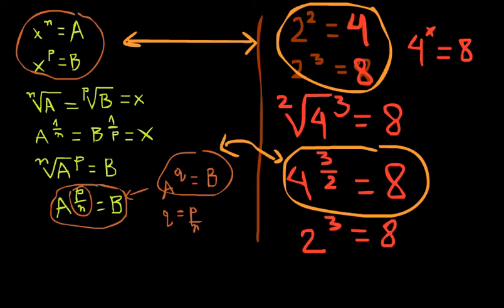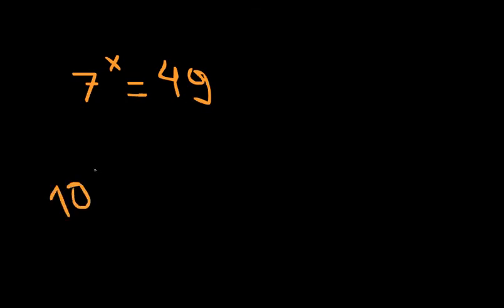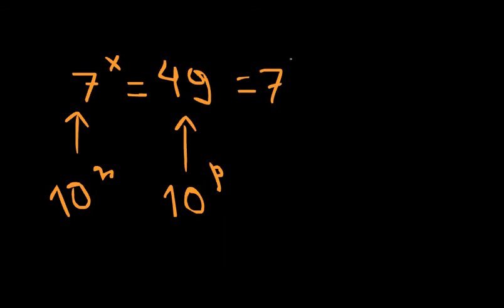So what Sal said is that we can use this with logarithms in calculators. Well, let's suppose we have 7 to which power gives us 49. If we know that 10 to the power of n gives us 7, and if we know that 10 to the power of p gives us 49, this would mean that this is the same as saying 7 to the power of p over n.